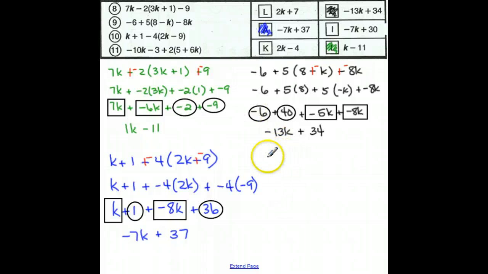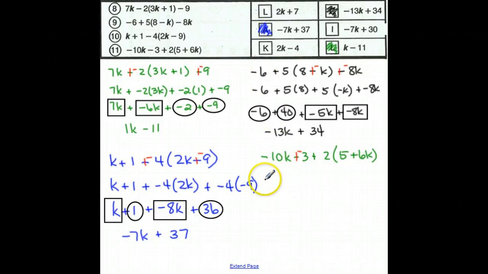Finally, number 11. We've got negative 10k minus 3 plus 2 times the quantity 5 plus 6k. Same change right here, and that's it.